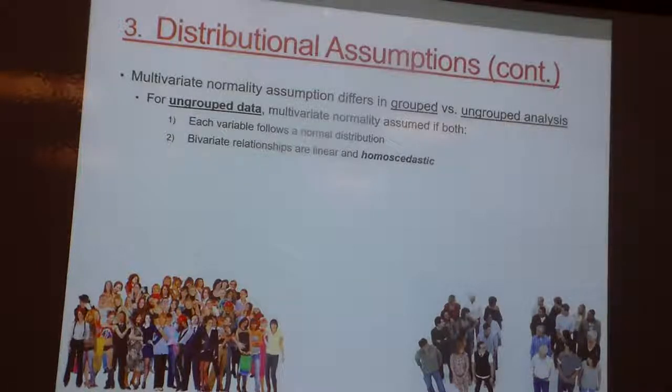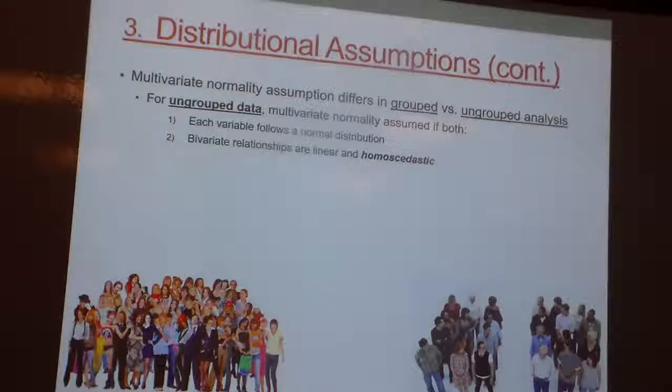So if, in my set, all of my predictors and all of my outcomes follow a reasonably normal distribution, and the relations between all of my X's and all of my Y's are linear, so there are no nonlinearities in there, and they're homoscedastic, we're going to talk about what that means in just a moment.